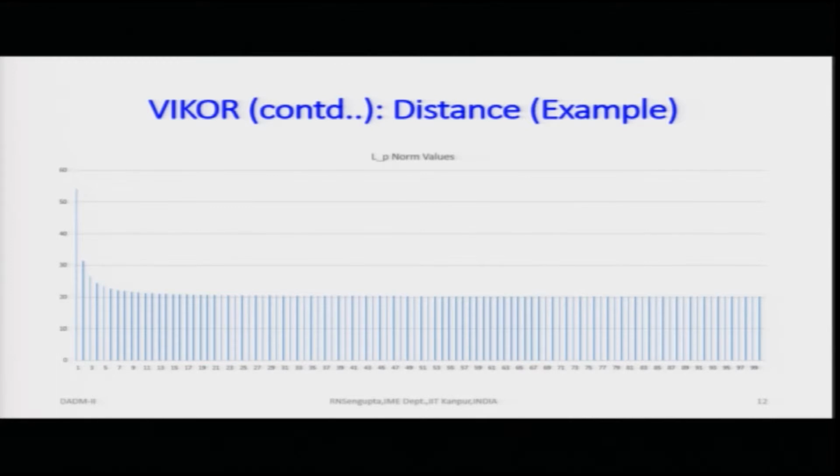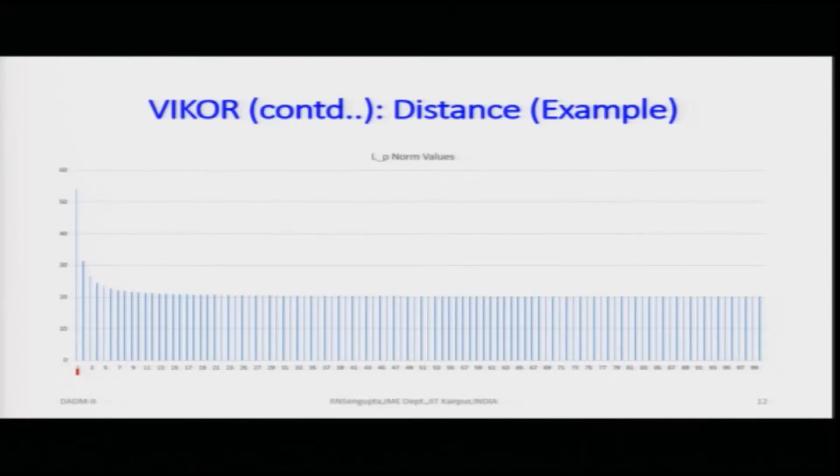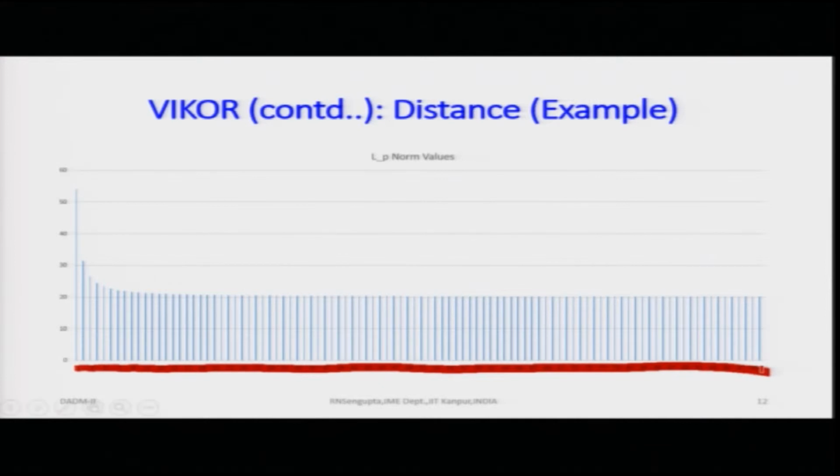Now, in this graph, I have shown very simply how the Lp norm value changes as I change the values of p. Along the x axis, I have the values of p: 1, 2, 3, 4 till 100. I have taken till 100, and along the y axis I have taken the values of Lp.